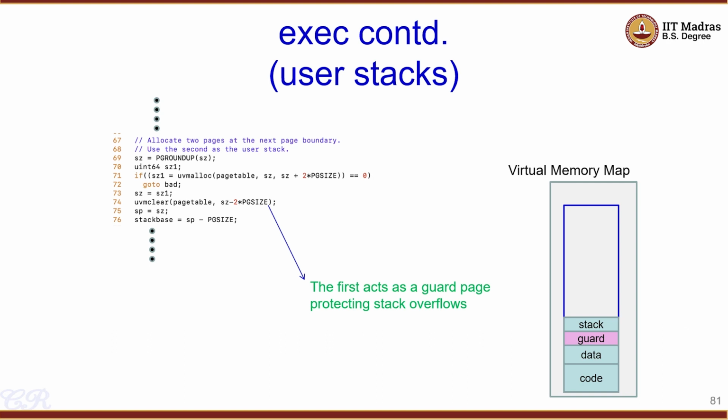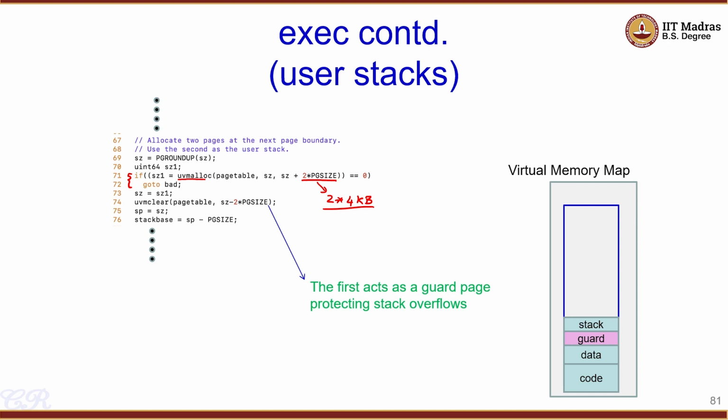Now the stack is still created again using this UV malloc, which is creating space of at least two page sizes. So two page sizes is essentially 2 into 4 KB. So we are creating 8 kilobytes for the stack.